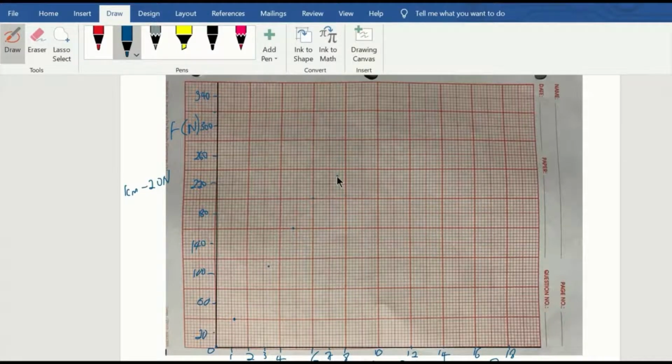Next one is 290 to 10. Here is 10, goes up. This is 260, 264, here is 280.